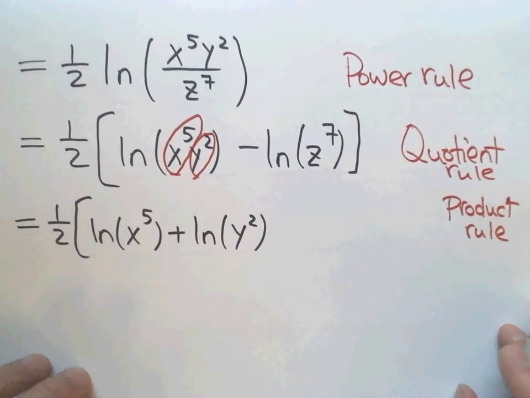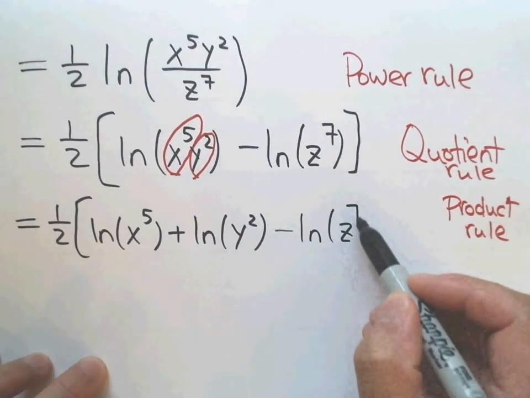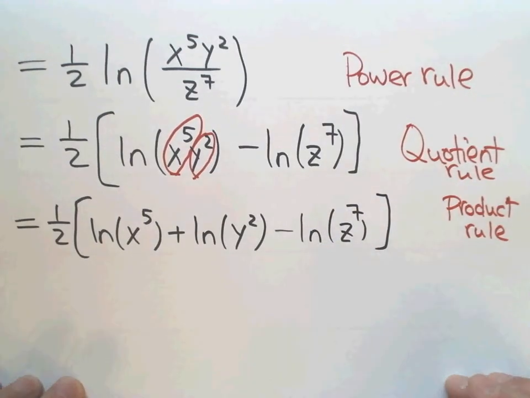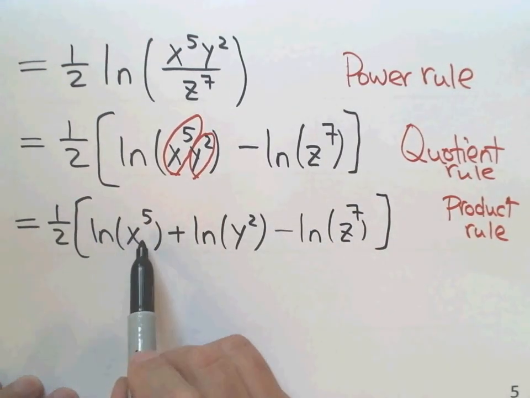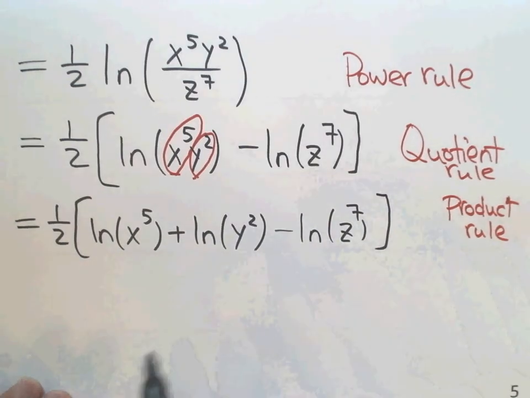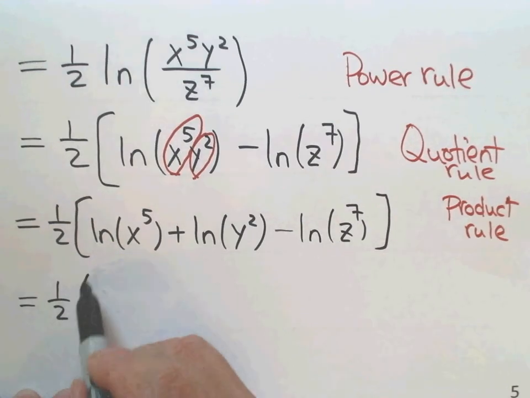Okay, and then what do we have? It's minus ln of z raised to the 7th power, parenthesis. The last one is the power rule, right? Take ln of a power, the power is laid down. So this is the final. Can we see?